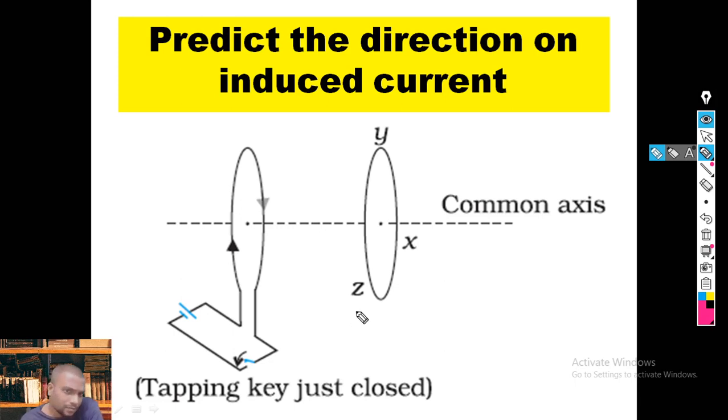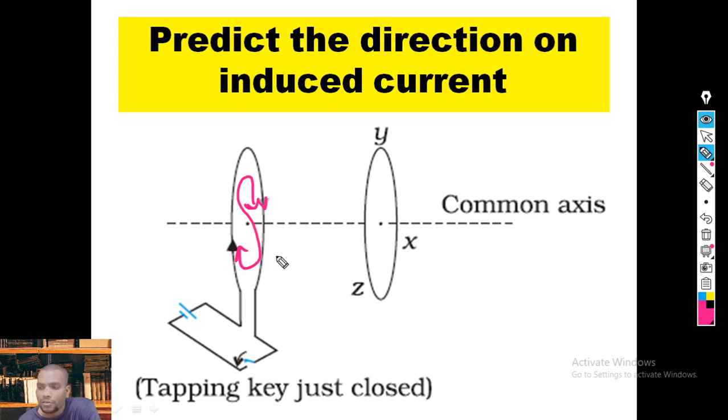This current is developing, I think, a south pole. If you draw it here, the arrow marks are the same here. So this is contributing a south pole. So the current develops south polarity on the side of the right loop.